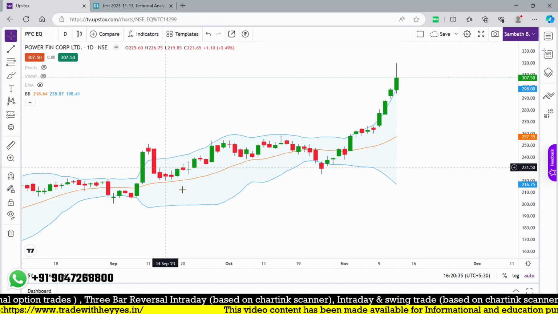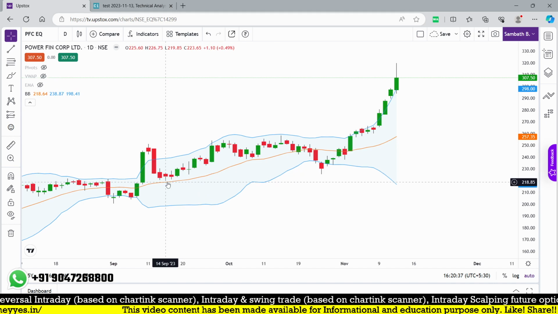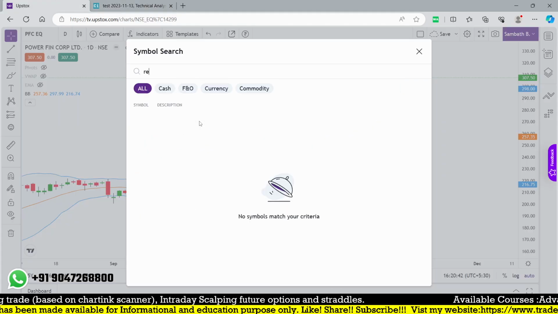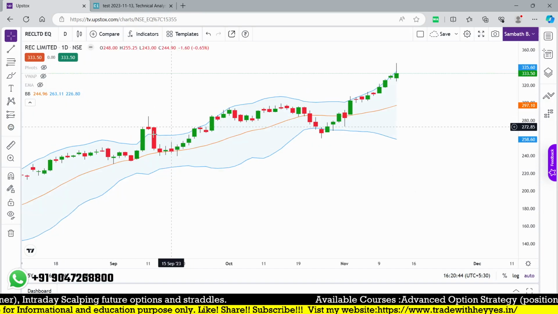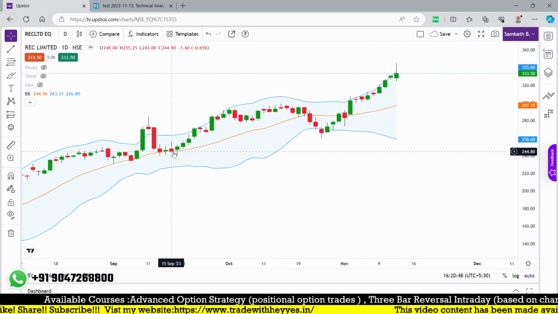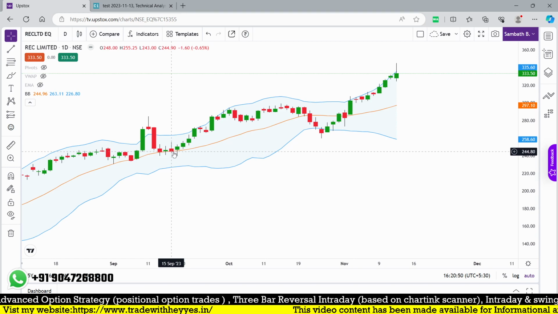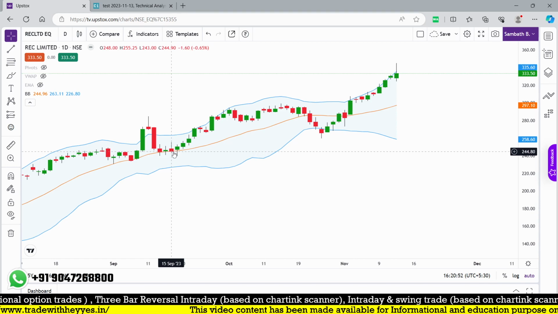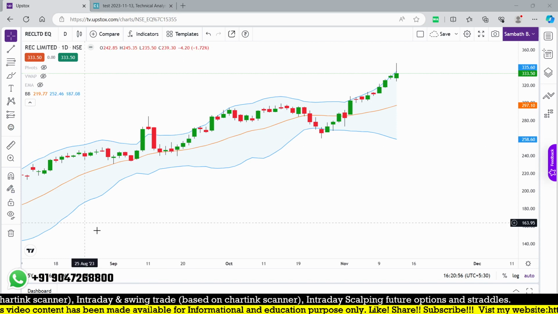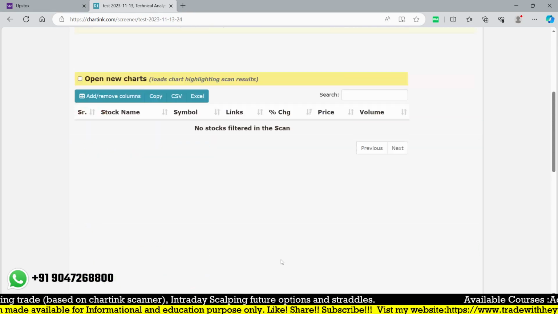From that there is a reversal and it came down towards the middle Bollinger Band. And the next one is REC. Yeah, REC is the perfect one. The low of that day is broken and it exactly reached the level of the middle Bollinger Band. So this is the logic, which is about a daily time frame. This is the scanner which I have used for daily.